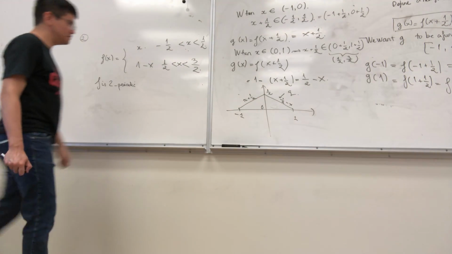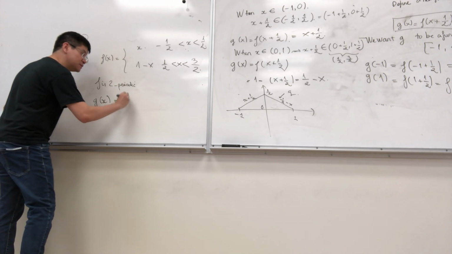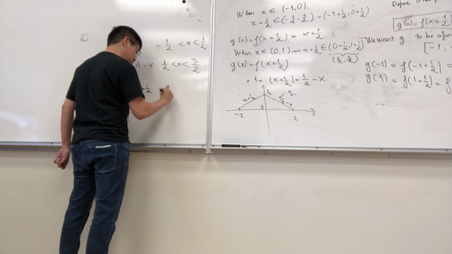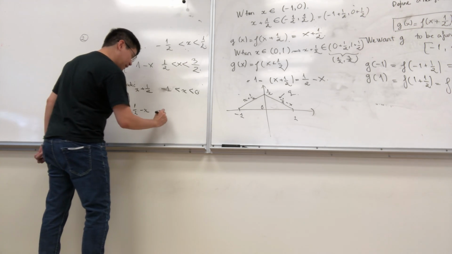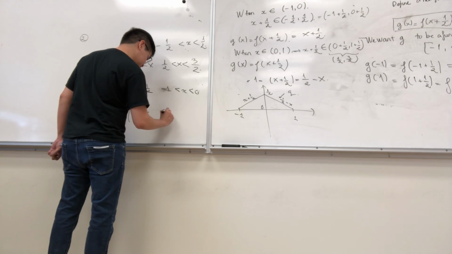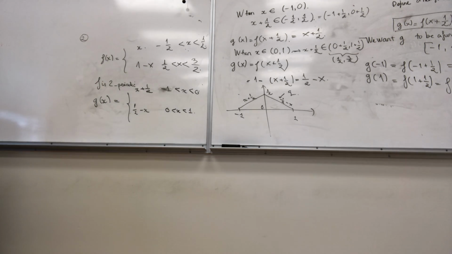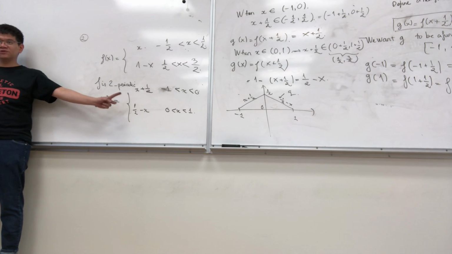So I'm going to write it here: g(x) is x plus 1/2 when x is from -1 to 0, and 1/2 minus x when x is from 0 to 1. Questions? It's clear? Right, so this is the function that we have to do the Fourier series for.